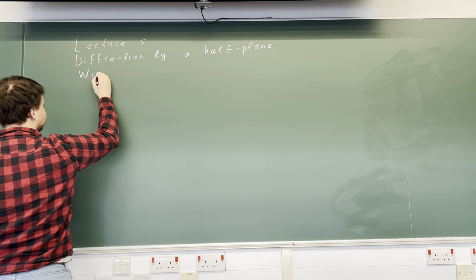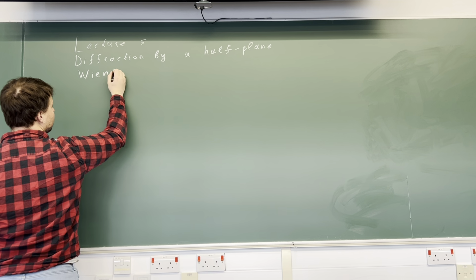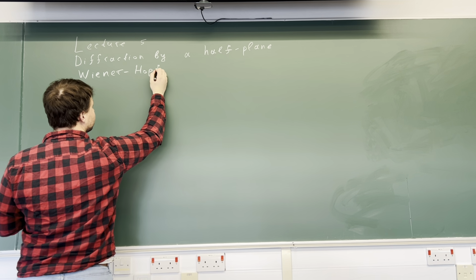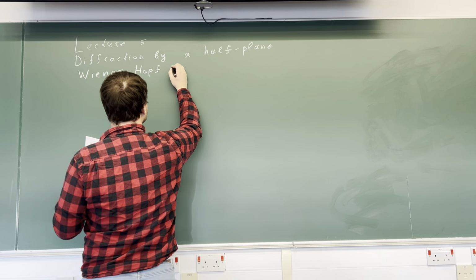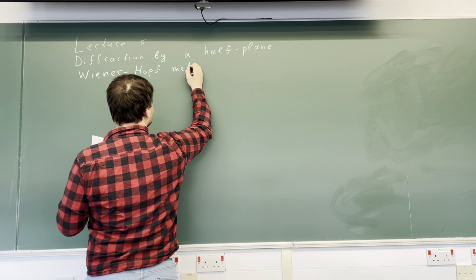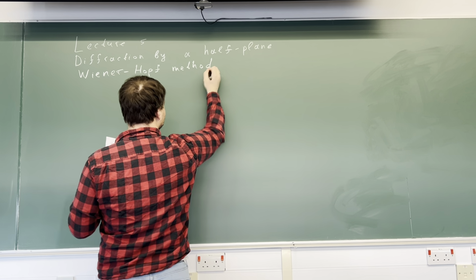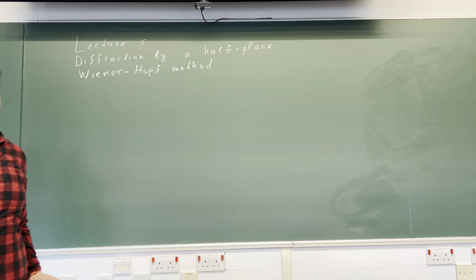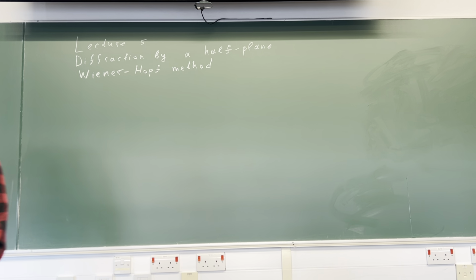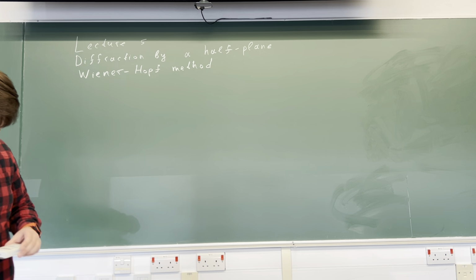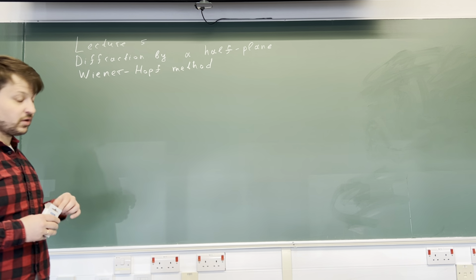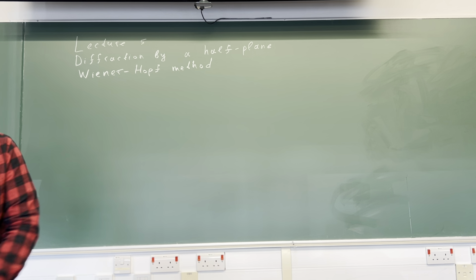So the difference is that we will be using the so-called Wiener-Hopf method to solve the problem of diffraction by a half plane. Last time we did it using the Sommerfeld technique, and that's how it was originally done. In his seminal work, Sommerfeld did it.